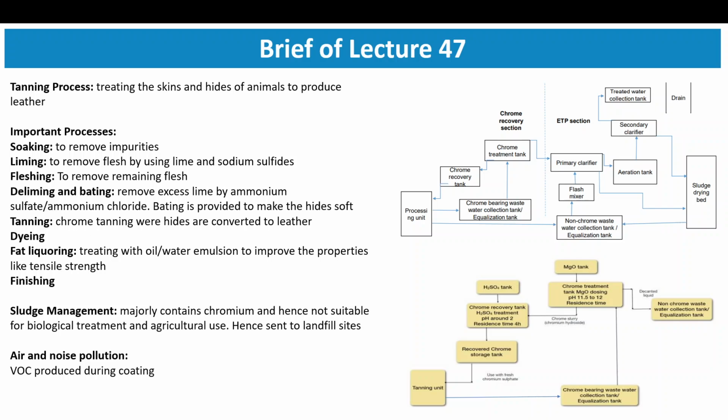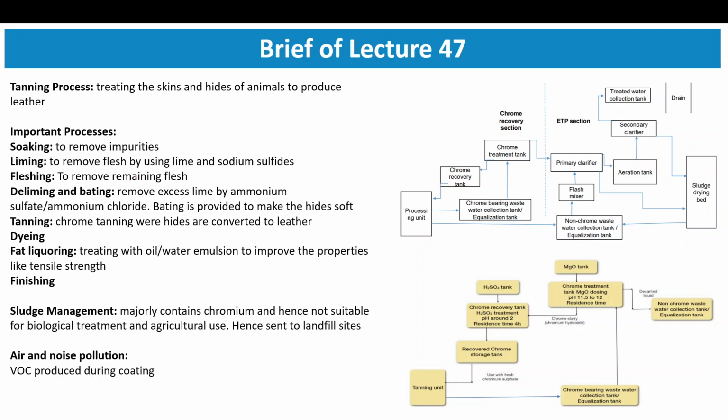Okay, so let's see the process. First, we collect the skins and hides of the animals, and first we soak them in water so that we are able to remove all sorts of impurities which are present on them.